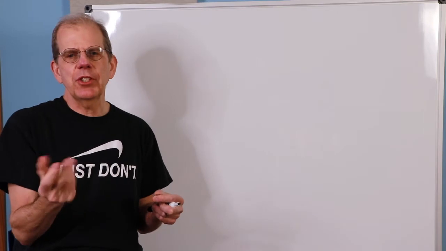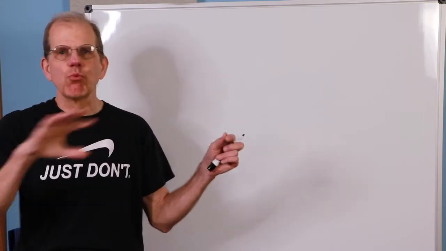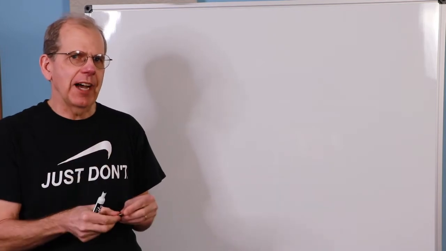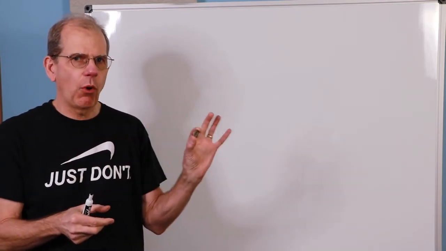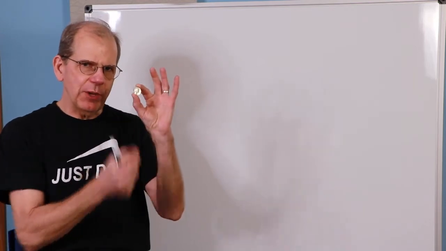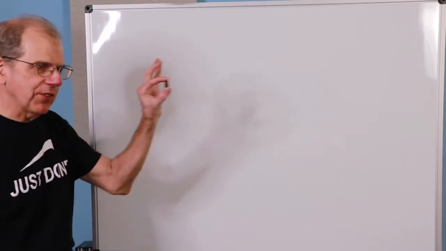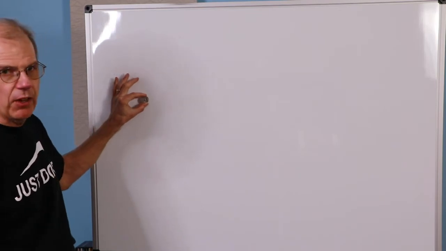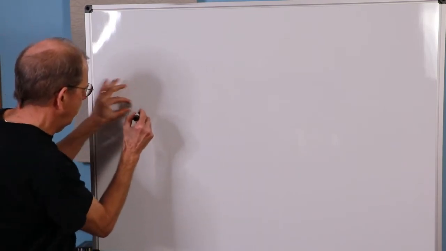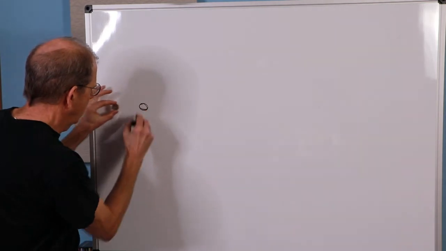The Earth is 8,000 miles roughly in diameter. So if I shrink the Earth down to the size of a U.S. quarter, which is about an inch across, about 2.5 centimeters, this is going to represent the Earth. This is our scale, okay? So I'm just going to draw a little Earth for that. There's my Earth.